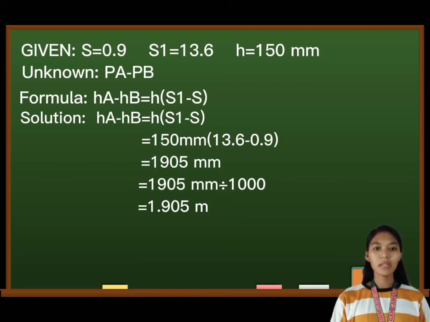So, yung 1,905 mm, i-convert natin siya into meter. So, we will divide it by 1,000. So, 1,905 divided by 1,000 is equal to 1.905 meter.